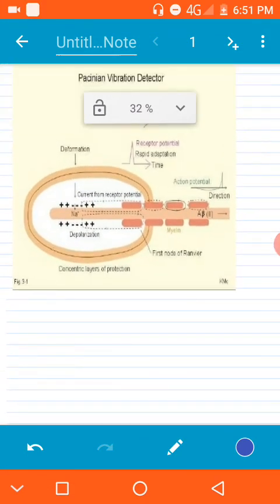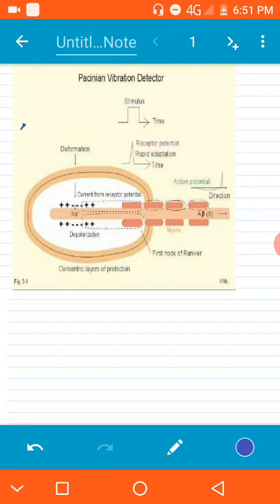See here, we have a Pacinian corpuscle end organ, and as you would all know by now, it is a encapsulated end organ. So basically, deformation of the capsule leads to stretch of certain ion channels.